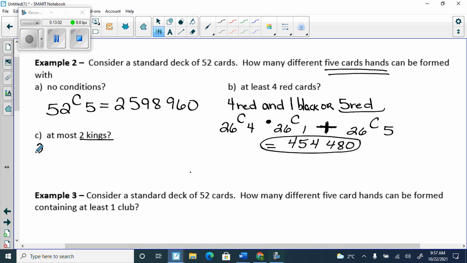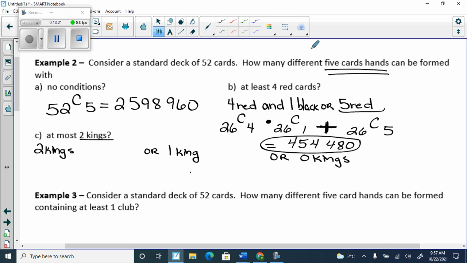So we could have 2 kings, or 1 king, or 0 kings. And then we have to supplement it with the opposite.